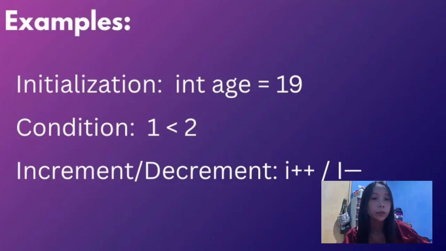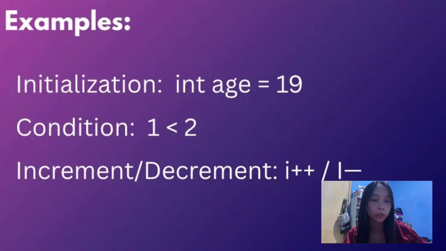In the example int age = 19, our data type is int since we are using a number. Our variable is age and our value is 19. So initialization declares, introducing int age, and then assigns age equal to 19.